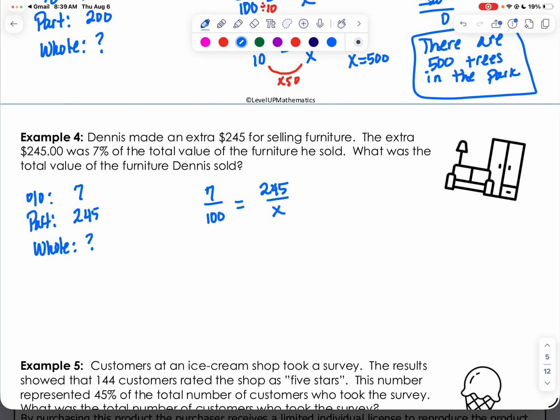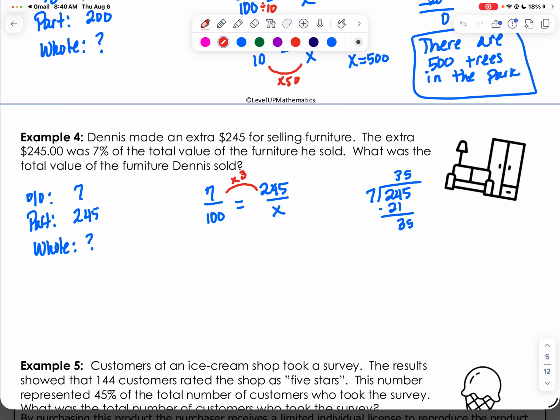So when I'm looking at this, I can't reduce 7 over 100. So I wonder if 7 will go into 245 evenly. Let's find out. See if we can find our scale factor here. Let's see, 7 goes into 24 3 times. That'd be 21. Subtract, bring down. Oh, nice. 7 goes into 35 5 times. So now we know what the scale factor is.